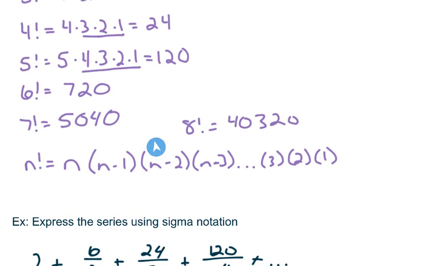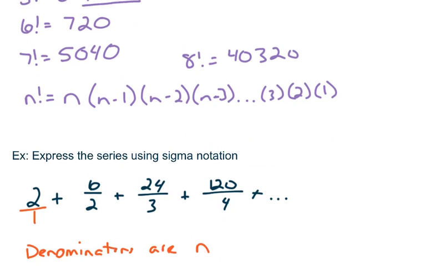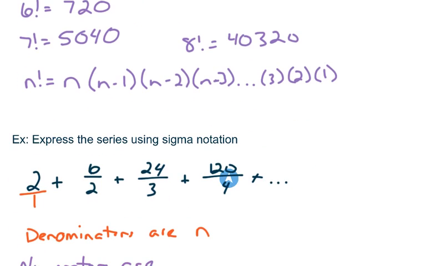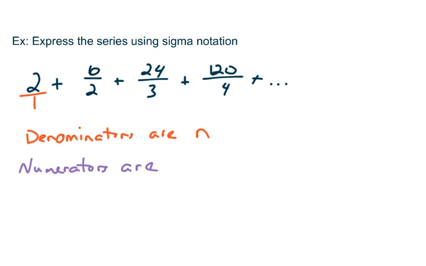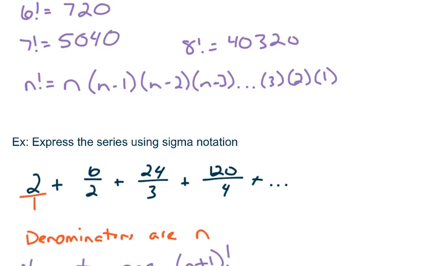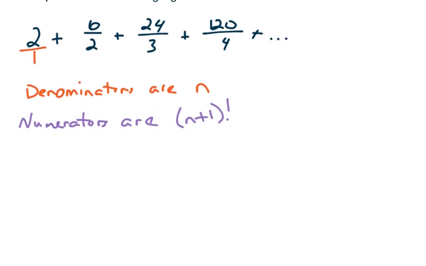The second term would be 3 factorial, which is 6. The third term would be 4 factorial, which is 24. The fourth term is 5 factorial. So we can say the numerators are going to be n plus 1 factorial. If we want the fifth term, we would find 6 factorial, which is 720, over 5.